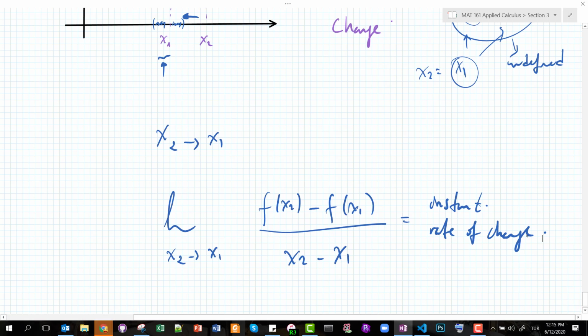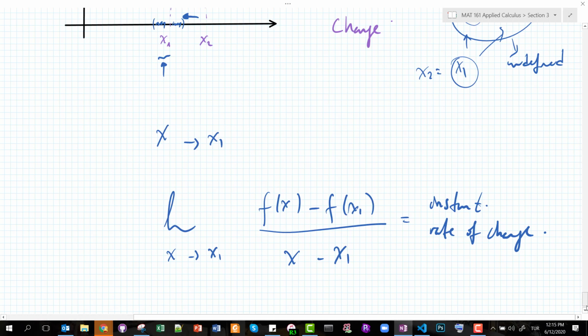Since I can do this operation for any x, instead of using the subindex, I'm just going to put any value of x. This is basically the difference between the average rate of change and the instantaneous rate of change. As you see, the limit concept helped us a lot to figure out the instantaneous rate of change. Later, we will call this concept a derivative.